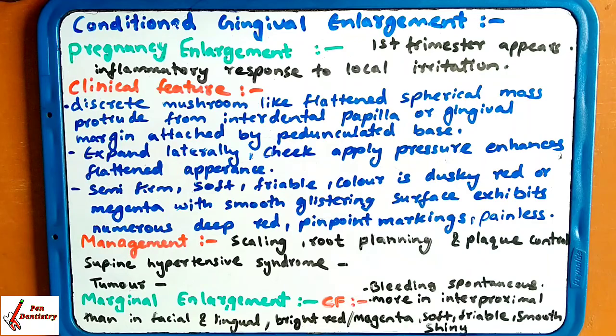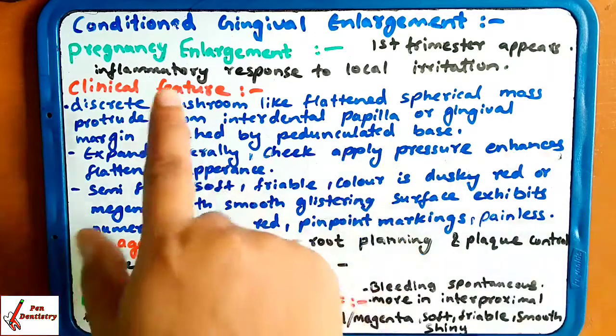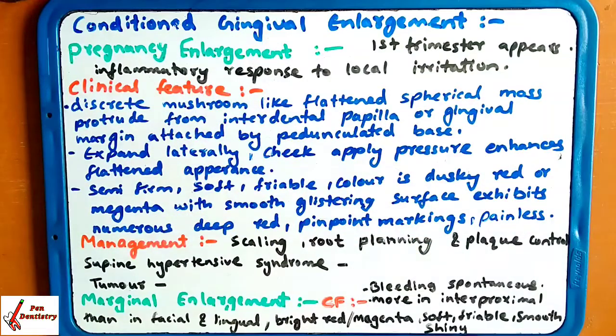So the first one we are going to take here is pregnancy enlargement. What happens in a pregnant woman and why enlargement takes place in a pregnant woman, that we are going to see. The first one is pregnancy enlargement, or there is a pregnancy tumor also present here.